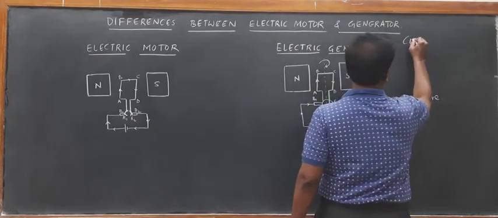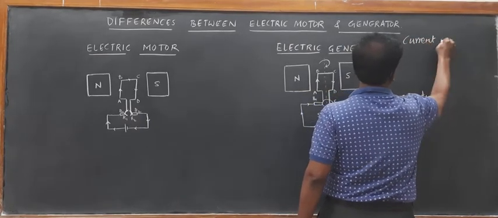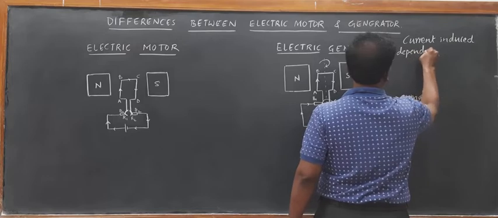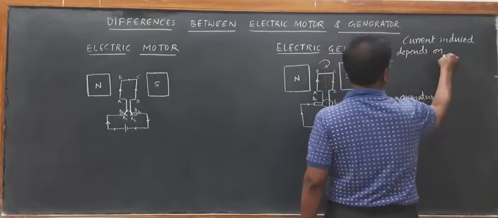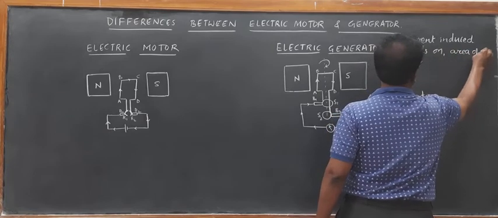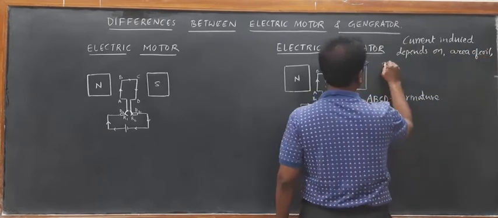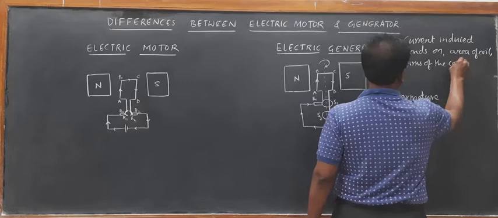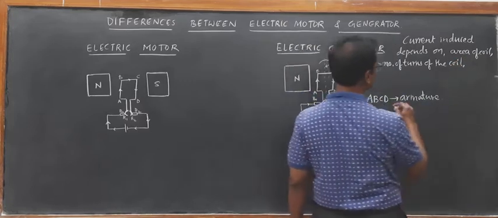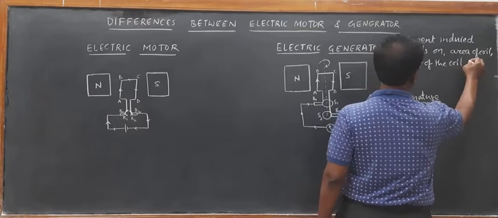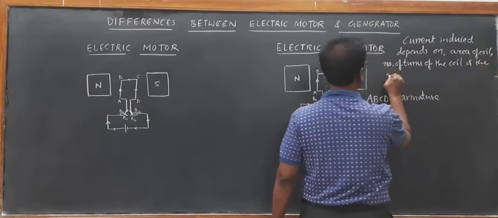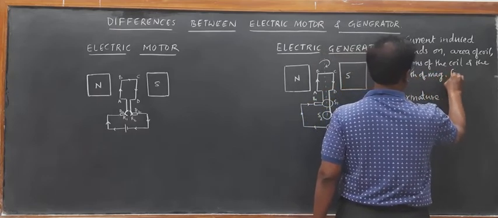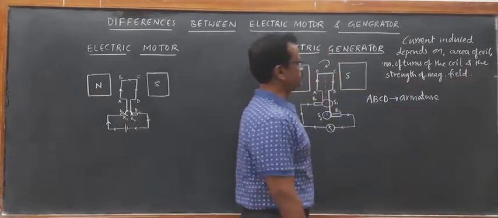So the current induced depends on the area of the coil, the number of turns of the coil, and one more important thing, the strength of the magnetic field.